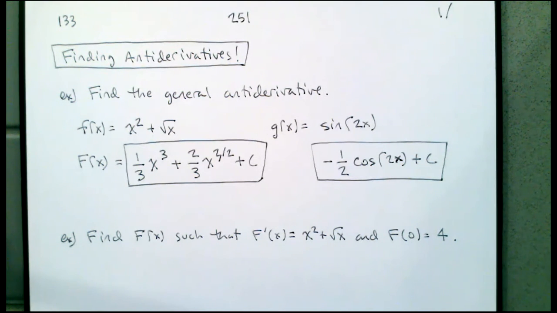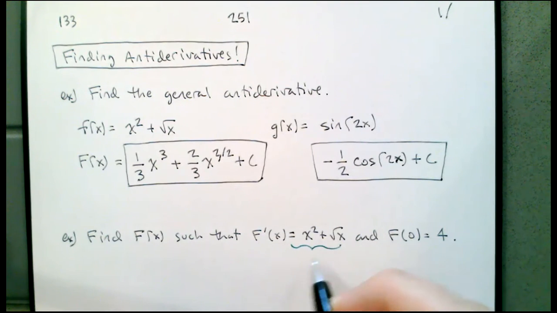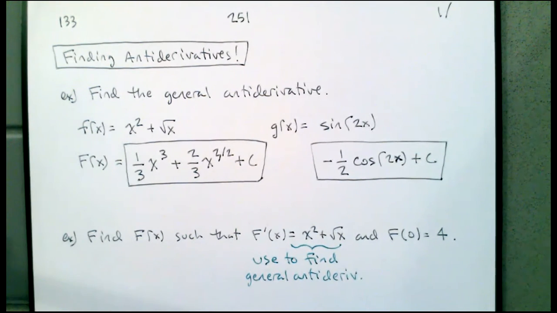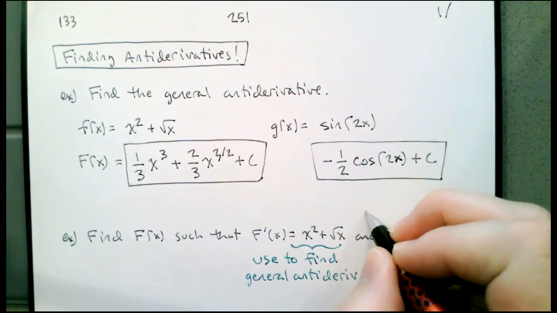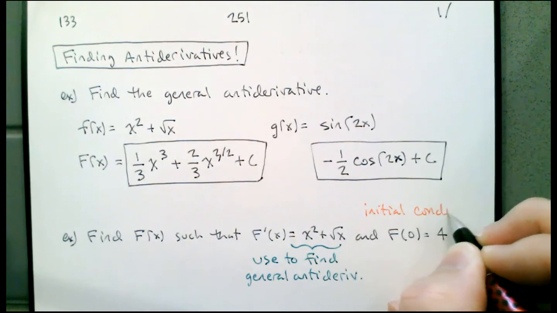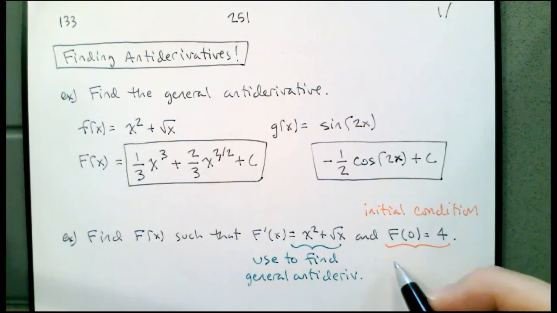So we use the function to find the general antiderivative. And the f of 0 is equal to 4. This is an initial condition, and we're going to use this to find out plus c.